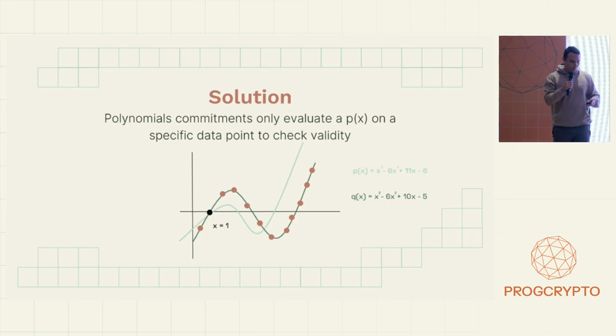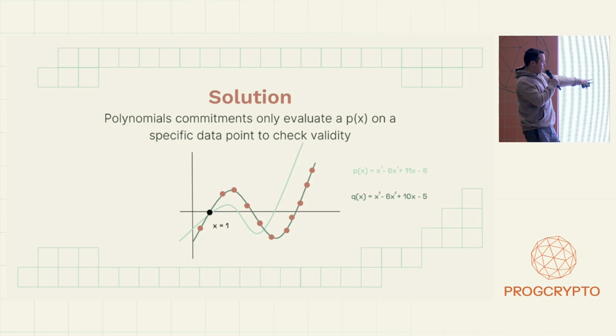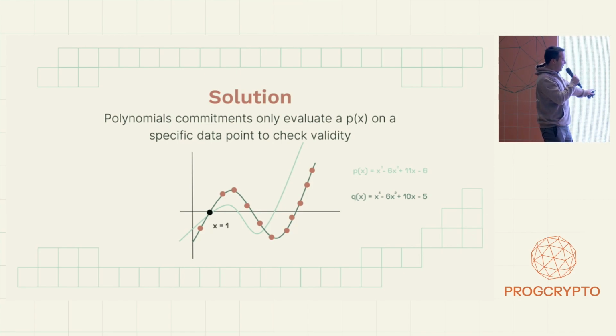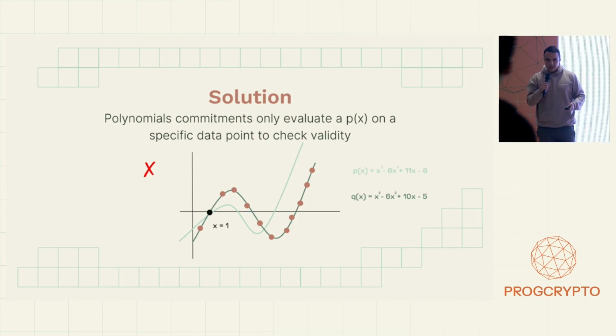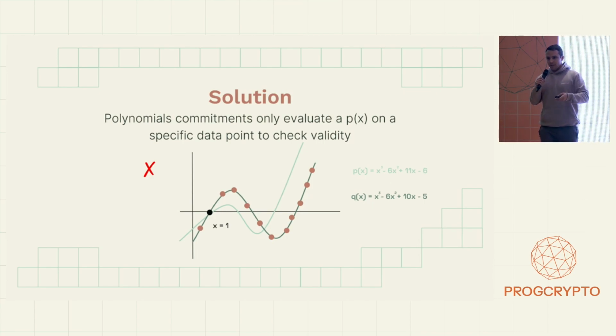The problem is what happens if there is a malicious user that is trying to cheat us. It could be the exact same point, but the user doesn't know the polynomial, right? So imagine that this malicious user is trying to make the wrong polynomial valid. In this case, this should fail as well. This is where trusted setups come into play.